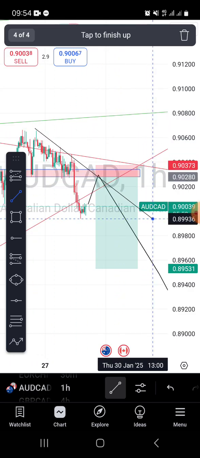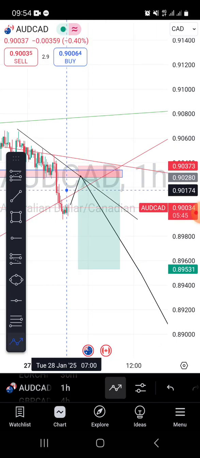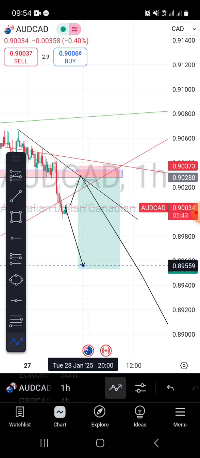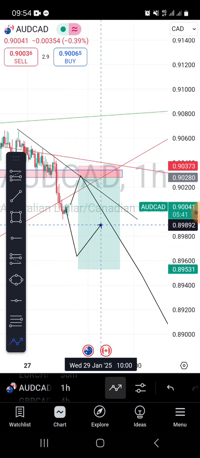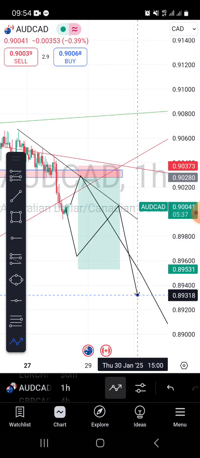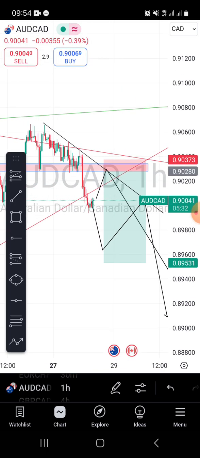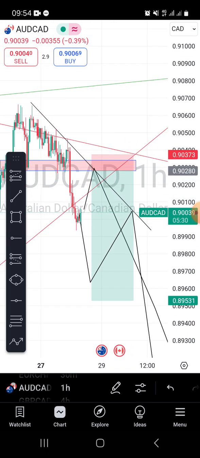Anyhow, I already have a downtrend line now connecting. So maybe in the future the price continues moving down from here to something like this, or later retraces and touches this downtrend line, then I can still sell. So I'm only interested in selling AUD CAD. I hope that is clear enough.